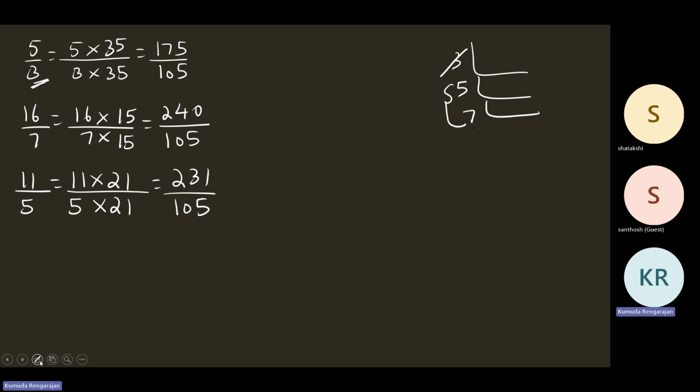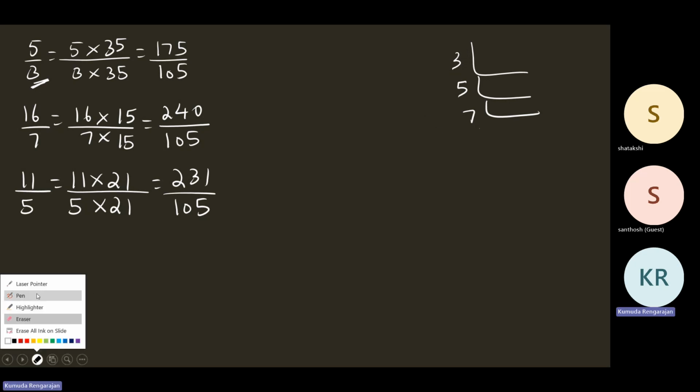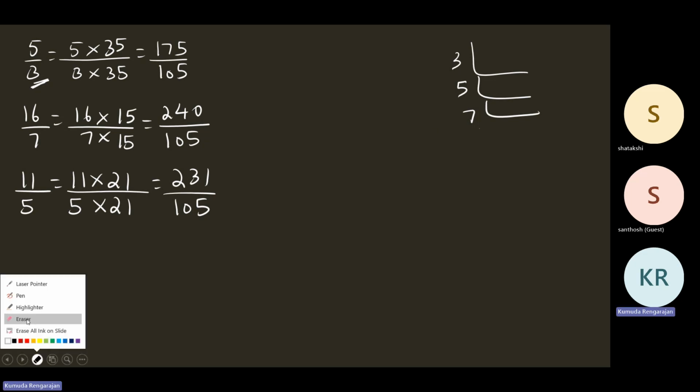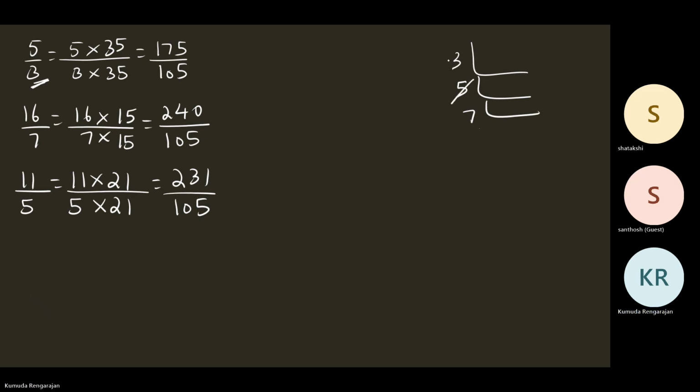Then 16 by 7. The denominator is 7. What are the remaining numbers? 3 and 5. So 3 into 5, 15. So multiply the numerator and denominator with 15. And then in 11 by 5, the denominator is 5. The remaining numbers are 3 and 7. So 3 into 7 is 21. So multiply the numerator and denominator with 21.